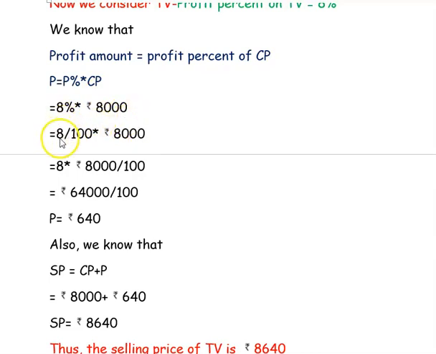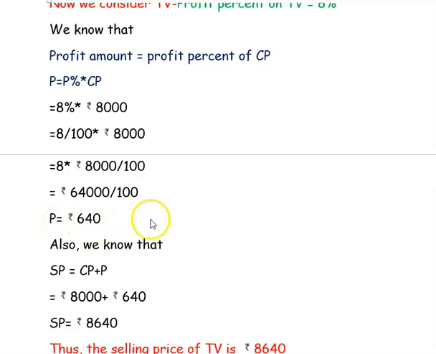So 8% is 8 into 1 by 100, that's 8 divided by 100 into rupees 8,000. So 8 into 8,000 divided by 100, that is 8 into 8 is 64,000 divided by 100. On simplifying, you will get the profit amount as rupees 640.